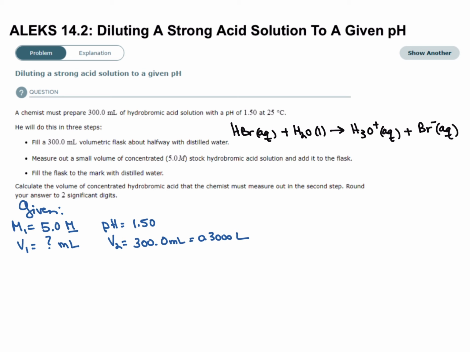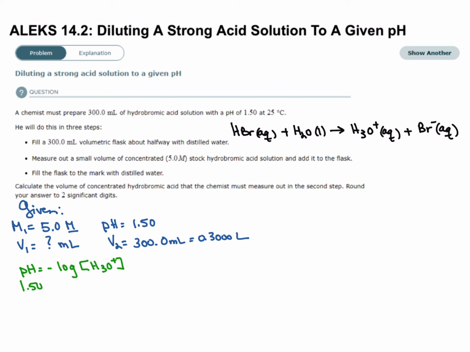When we're dealing with pH, we can also determine the concentration. Remember that pH is equal to the negative log of the concentration of H3O plus.